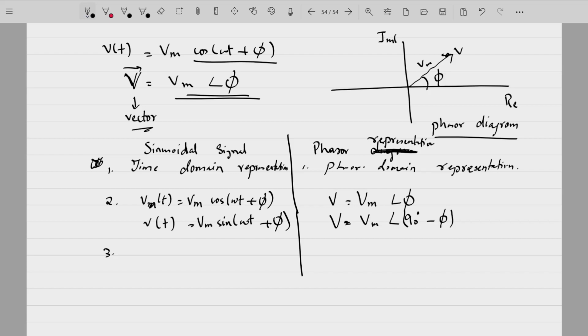Third point, since this is a time domain representation, it actually gives us the instantaneous value of AC voltage. So at any time t, you can actually find out what is your AC voltage.